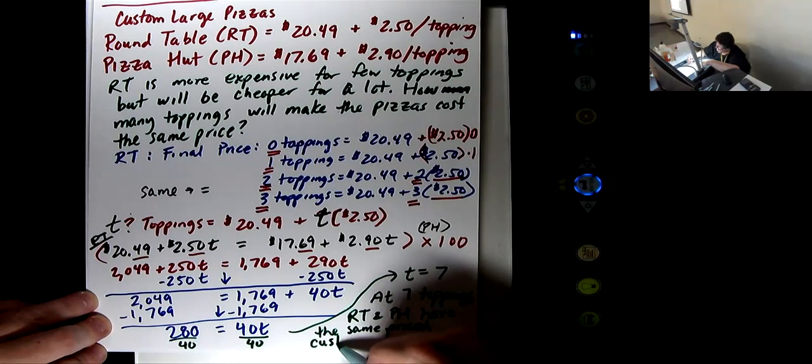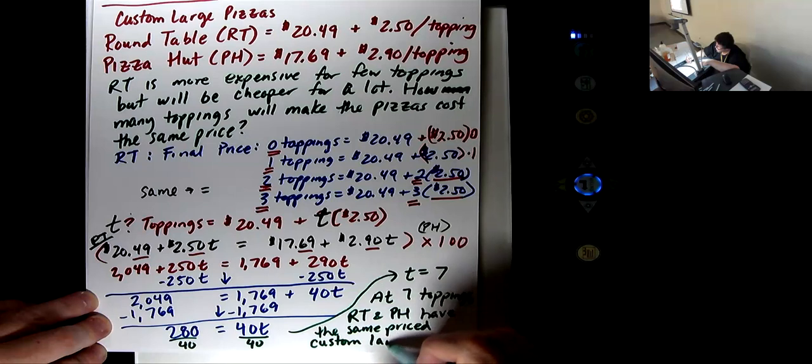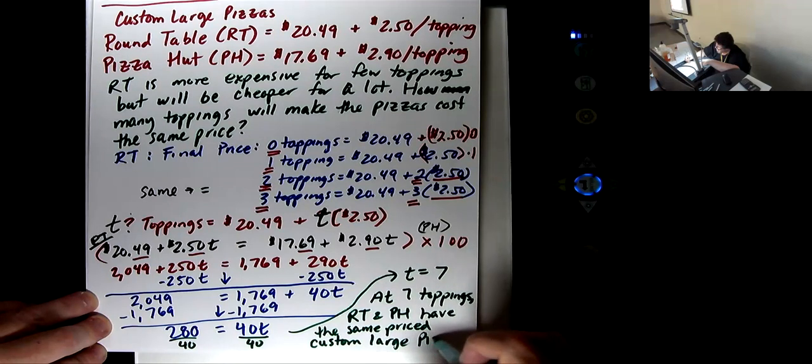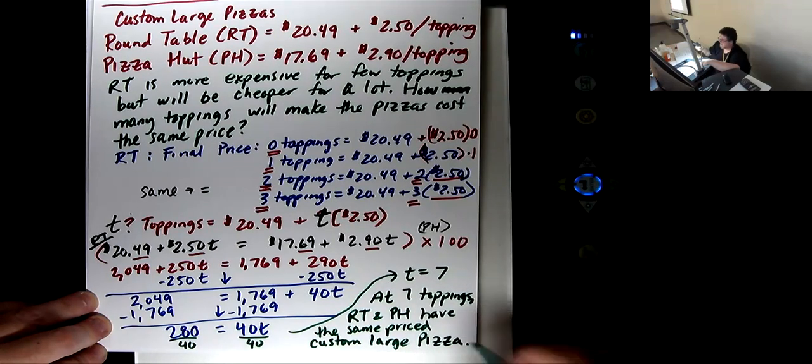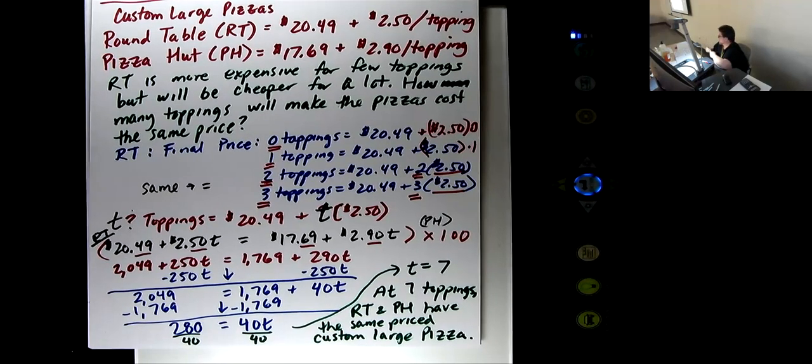Custom large pizza. That's kind of neat. I looked at a bunch of different pizza places for this problem to try to get a set that worked, but a lot of them, like if you choose Domino's, it's cheaper on price and topping.